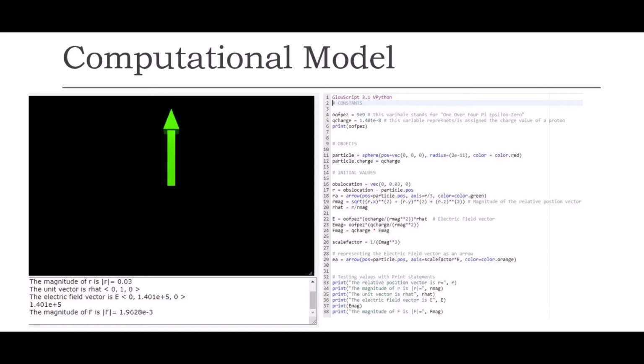Through this computational model, you could graphically see an arrow which represents the force exerted by the electric field, which is equivalent to the force of gravity, as you can see within our previous calculations and in the bottom columns as well.